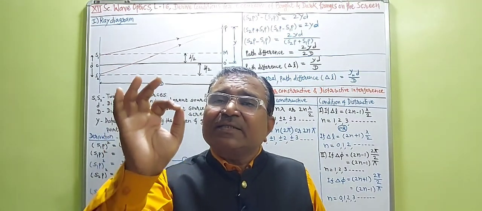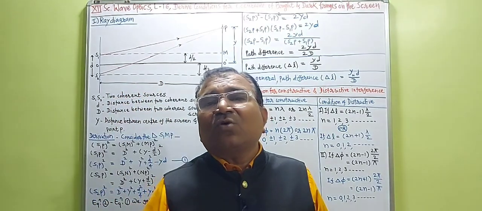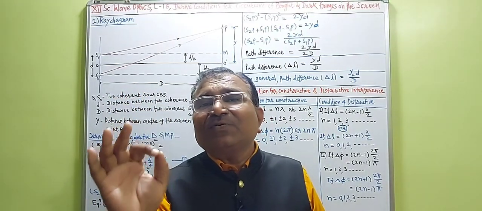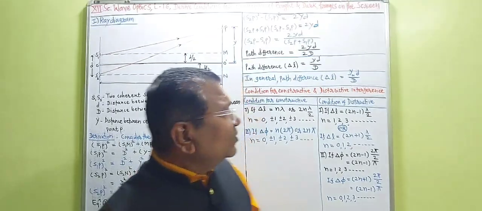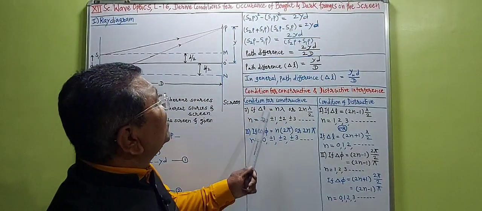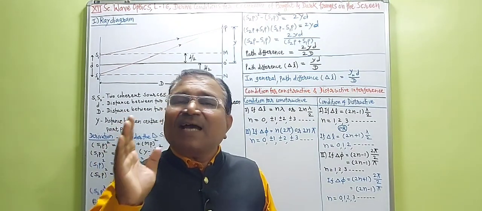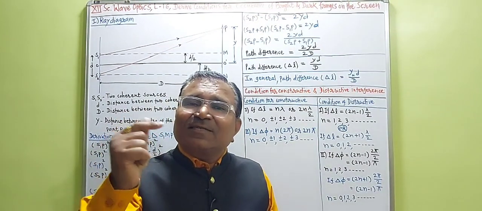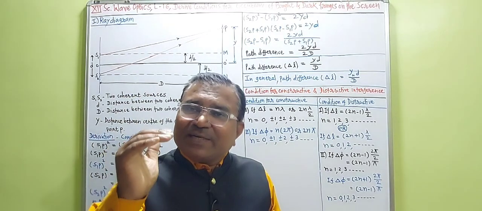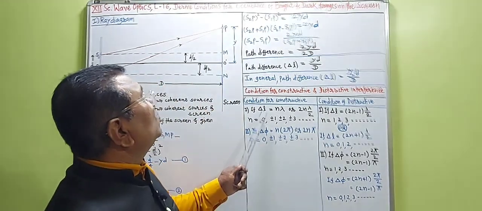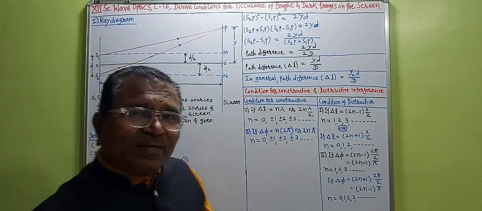Point P is a bright point, so called constructive interference. So this is all in terms of path difference. That path difference is YD upon capital D, which we denoted by delta L.